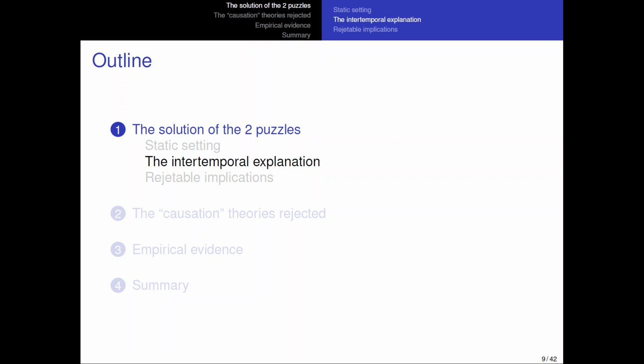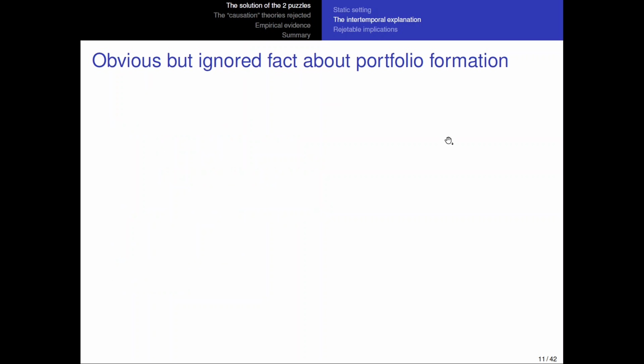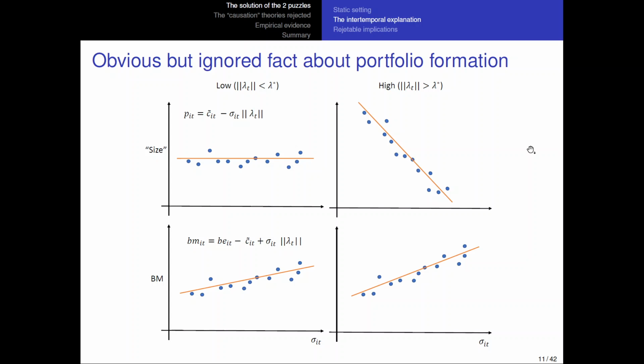So what happens here is, first, what I think is an obvious but ignored fact about portfolio formation, and here is the main point of the paper: if you look at price and you look at book to market and you look at the effect that the price of risk has on the correlation between price and risk, then it's immediately clear to see that the correlation cannot be constant over time, right?